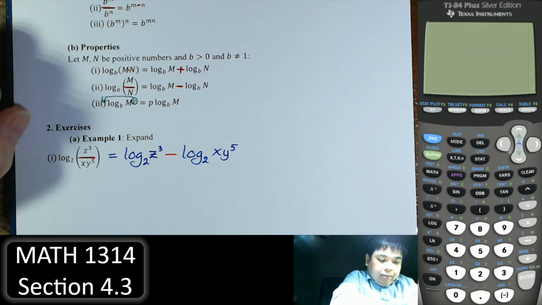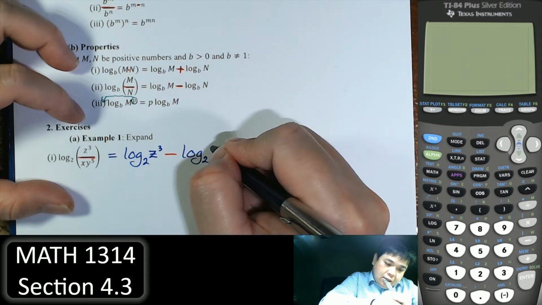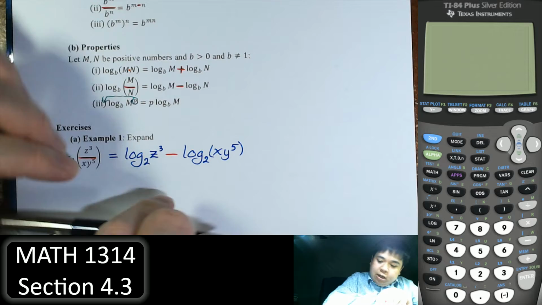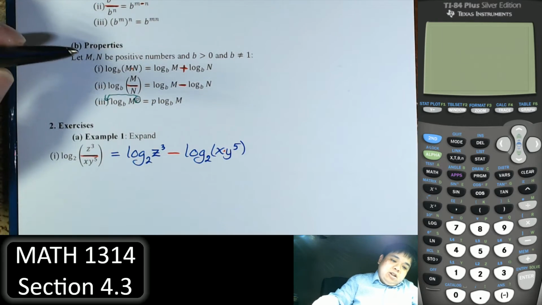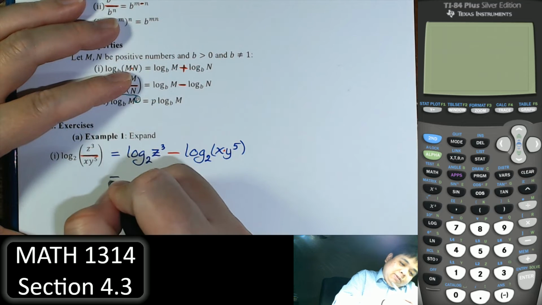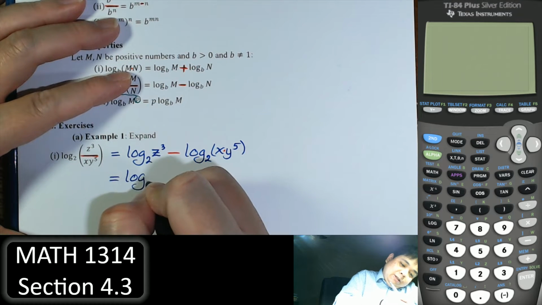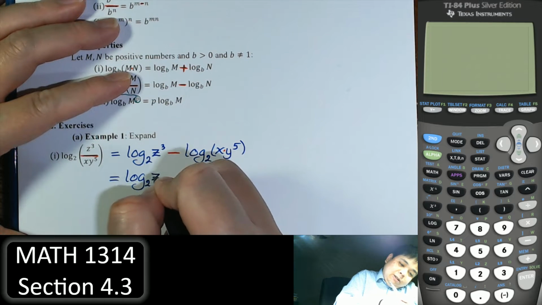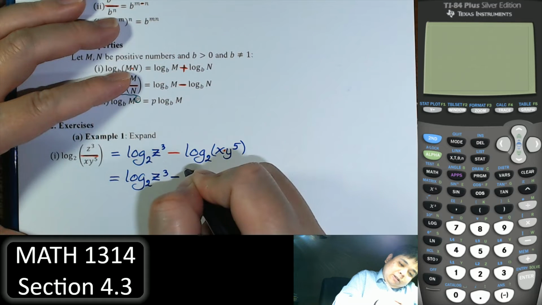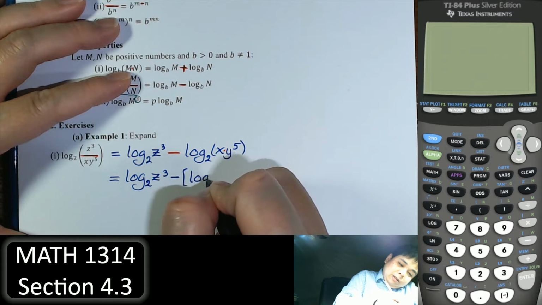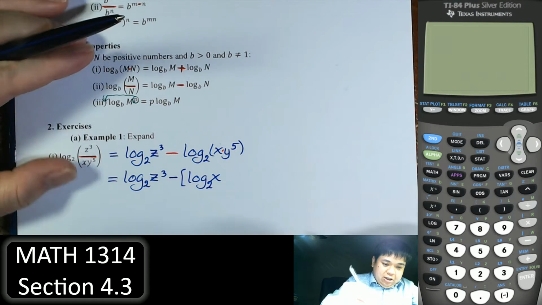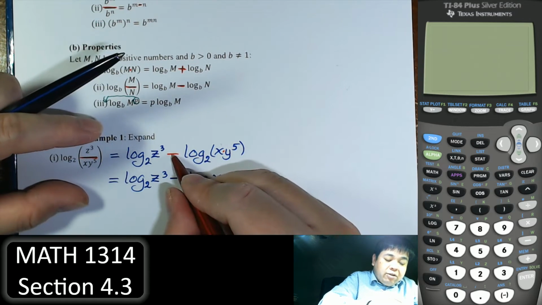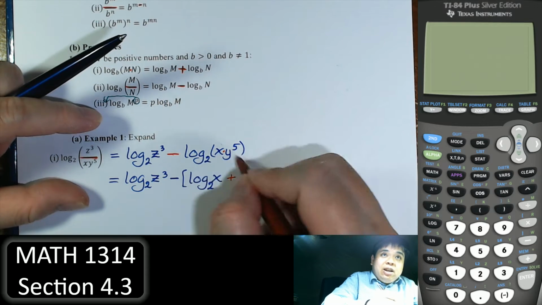Right. Now we have addition. We can split that in two. And that becomes addition. Notice that this negative sign will affect everything with the whole log here.